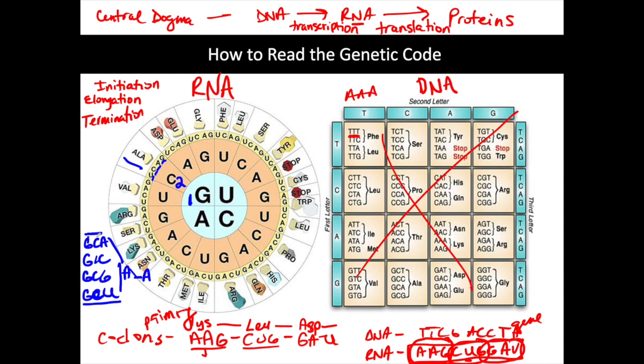And we need it to be flexible so that if a mutation occurs, and the third position of a codon is most often where a mutation will occur, it does not disrupt the production of those proteins. We have this again here for serine.